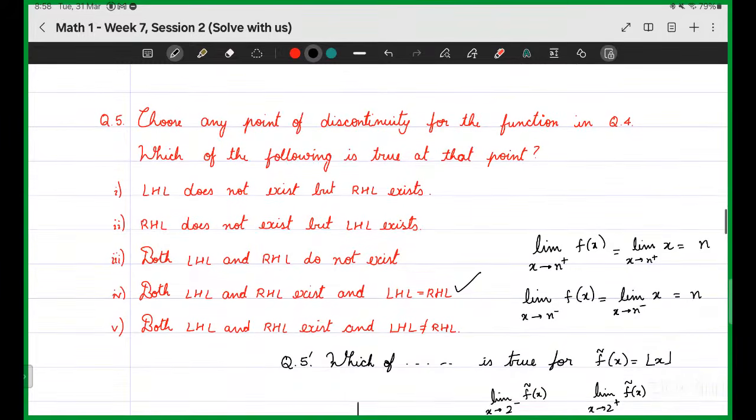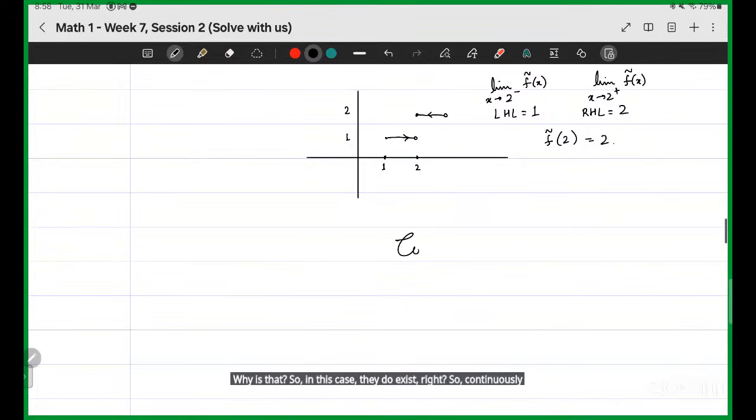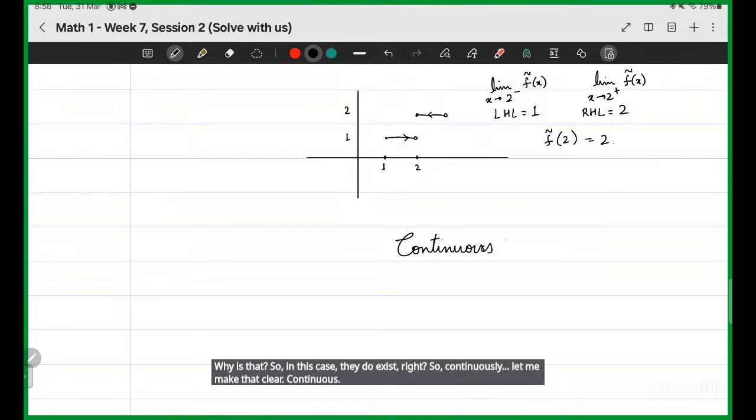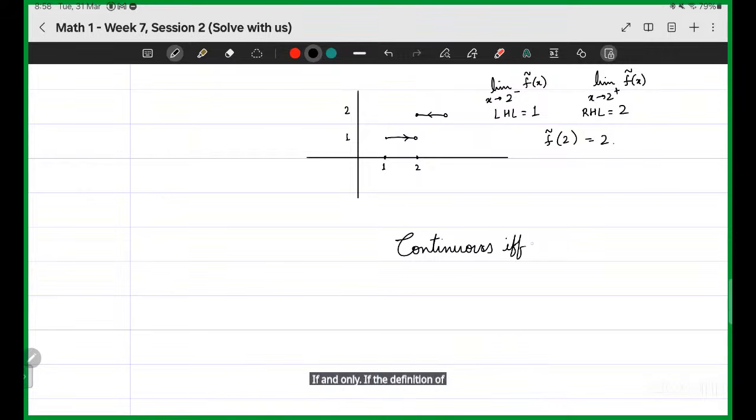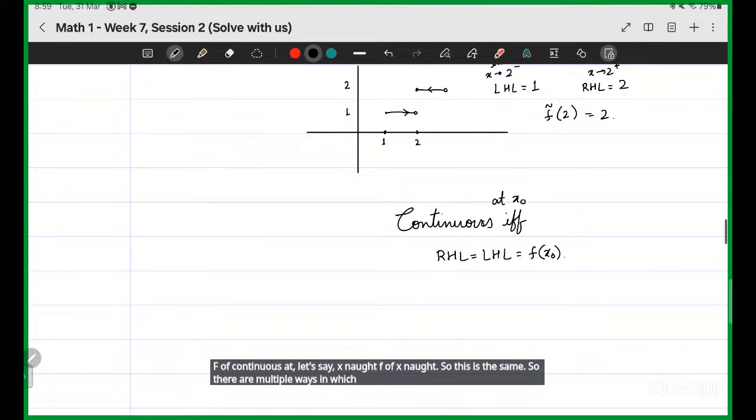Why is that? In this case, they do exist, right? Let me make that clear. Continuous if and only if the definition of continuity: RHL is equal to LHL is equal to f of x naught, continuous at, let's say, x naught. There are multiple ways in which this can fail.